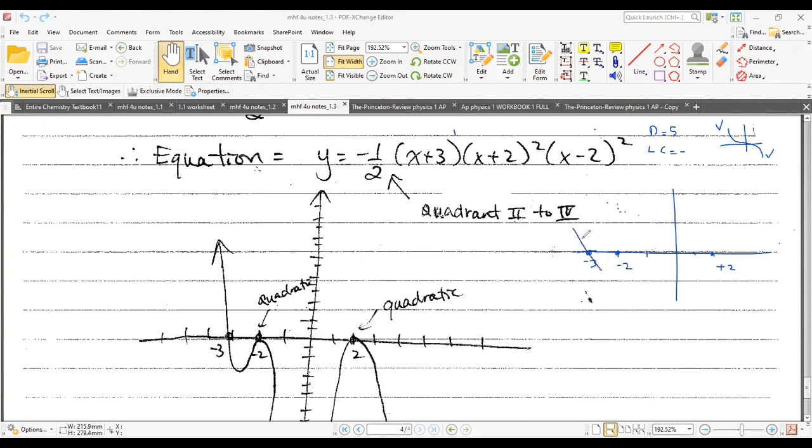This is power 2 for this zero, means you have to turn at this. And then here it is going to turn as well, because this is power 2 as well. So just a little bit here. You have to turn it. See, you start from here, you end it here, so you're doing good.